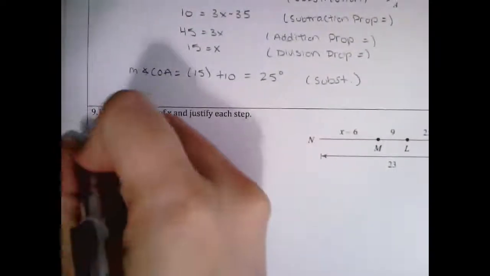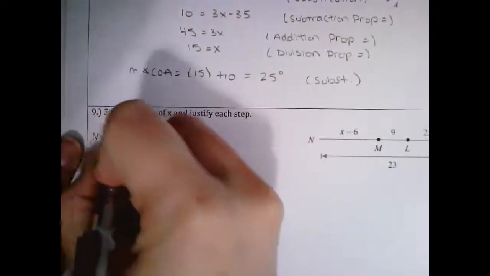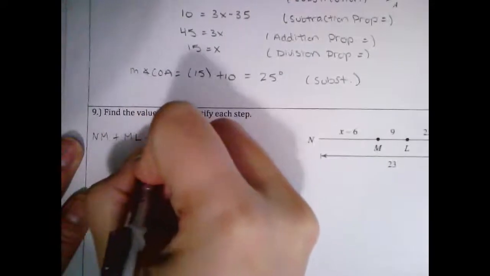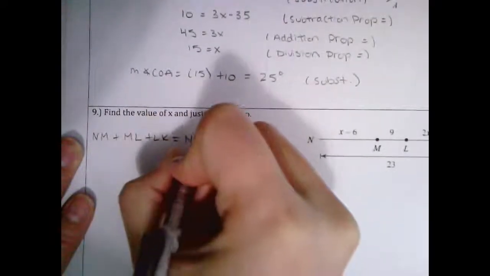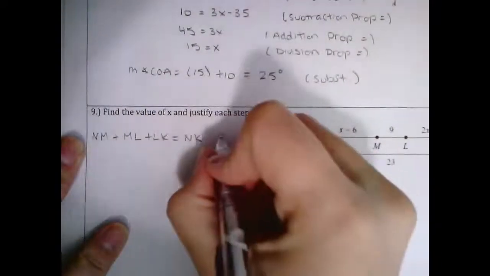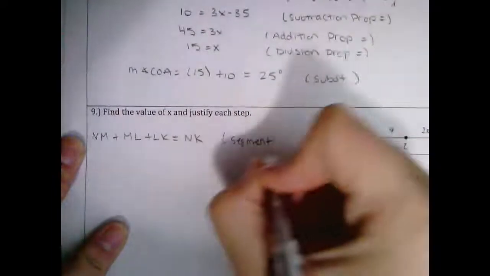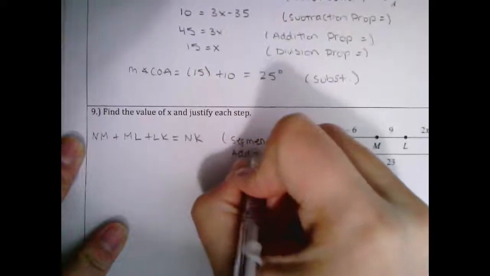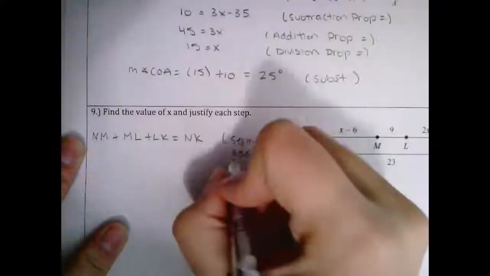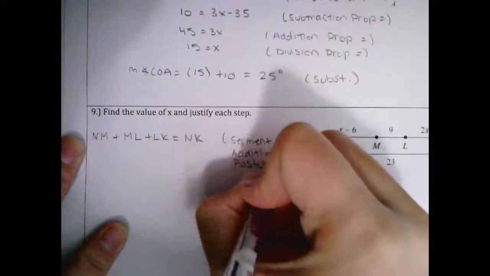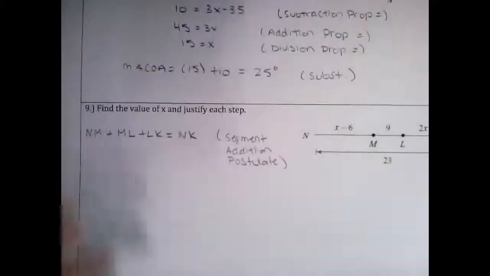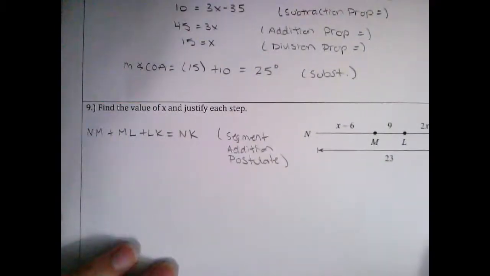I'm going to write NM plus ML plus LK equals NK. That reason is the segment addition postulate. So remember, there's a segment addition postulate and there's an angle addition postulate.